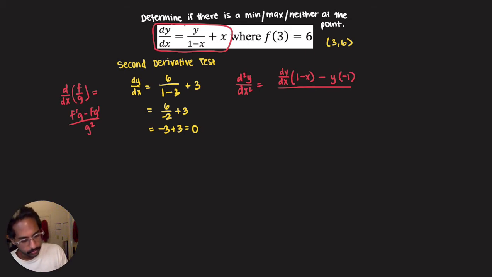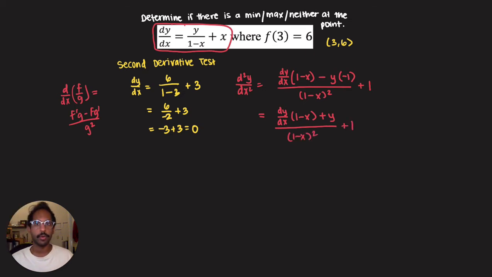Alright, so we can distribute things to make them look nice. So this will be dy/dx times 1 minus x, plus y, because it's times negative 1, all over 1 minus x squared, plus 1.